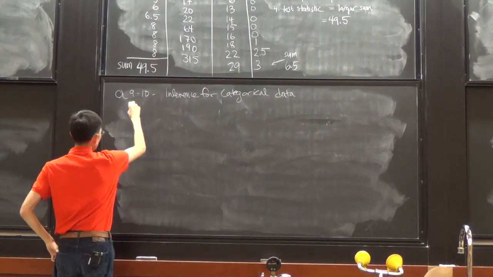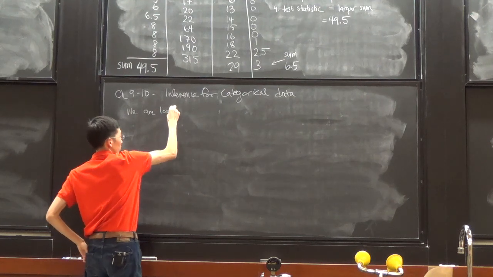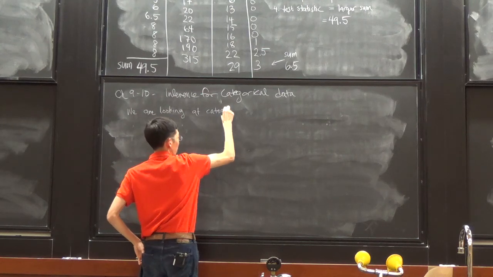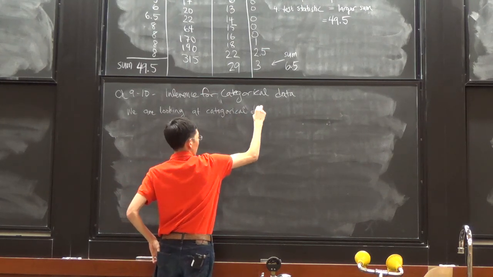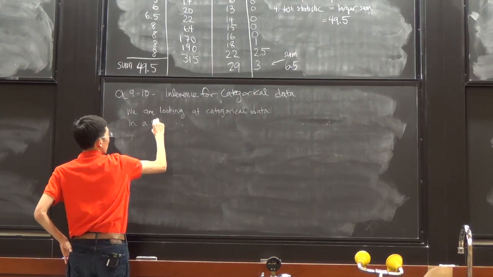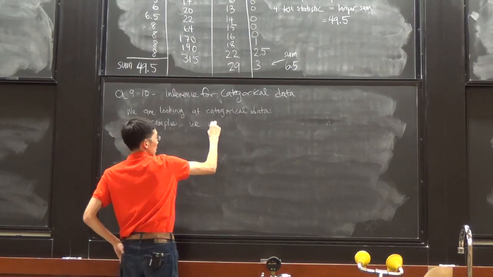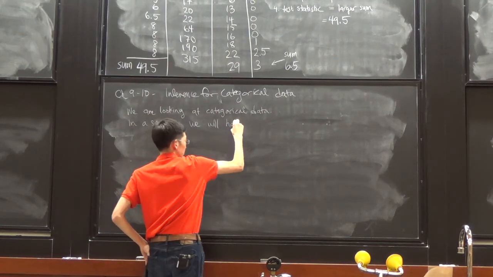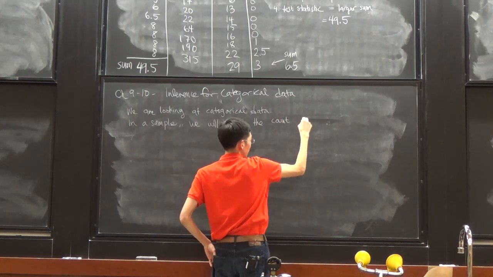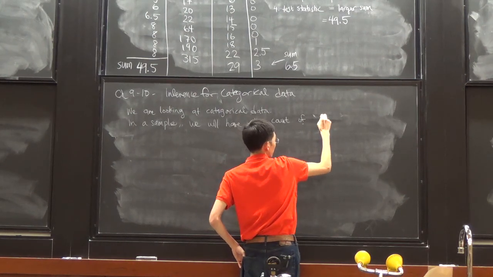So in a sample, we will have a count of, quote, successes, or whatever property we are looking at.